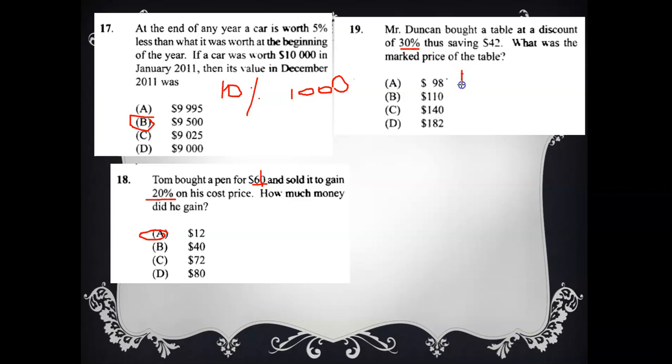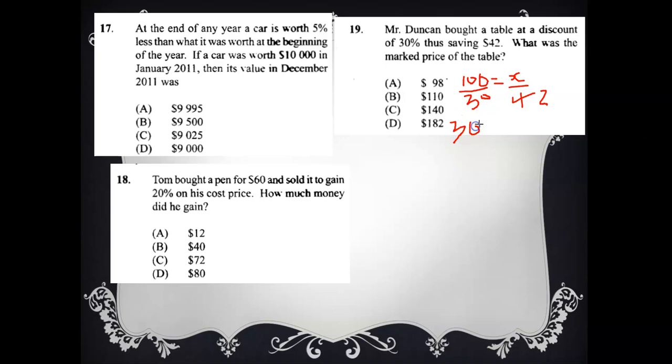So we want the original price. Cross multiply. That's 30x equal to 42 times 100. 4,200.